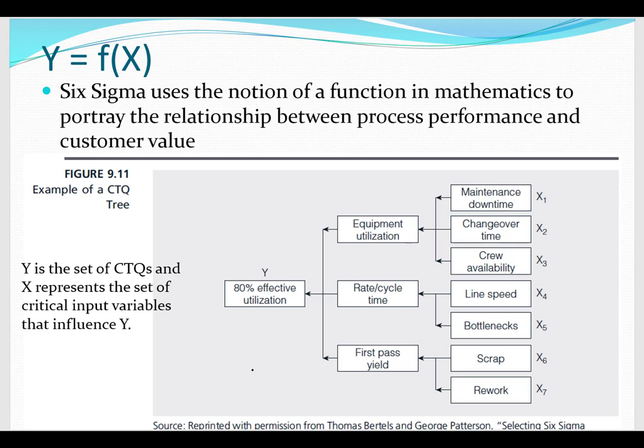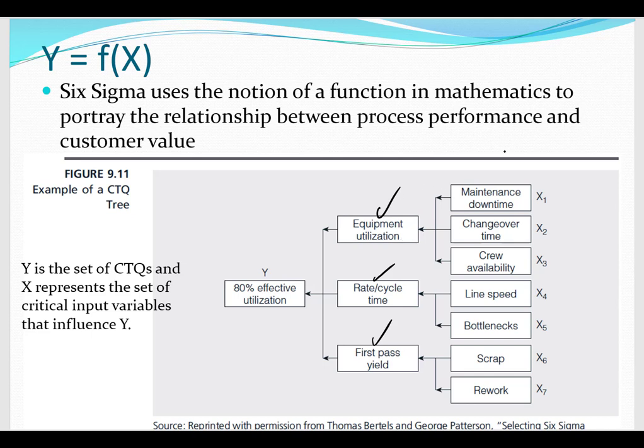So we ask, what are some things that contribute to effective utilization? Well, equipment utilization, rate per cycle time, and the first pass yield. All of these contribute to effective utilization.